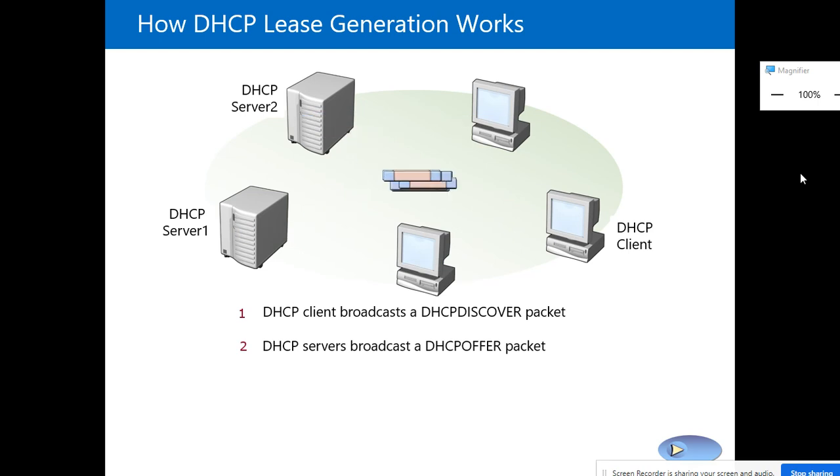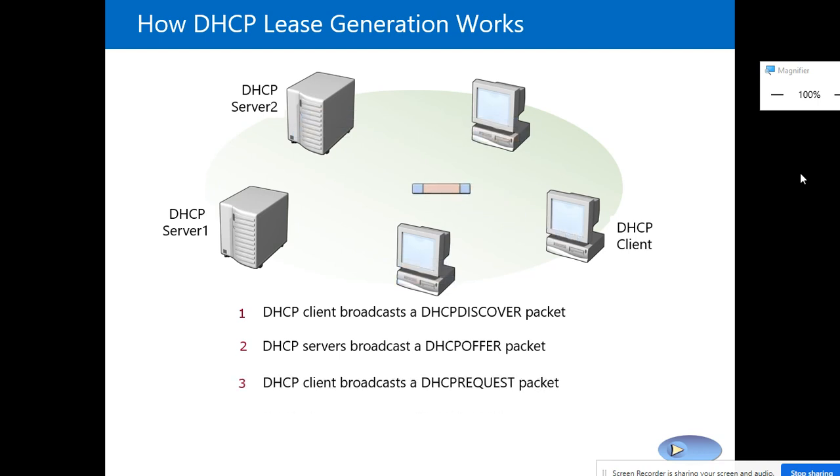Now, when the DHCP servers receive the broadcast, the discover packet, what they do is DHCP server 1 broadcasts DHCP offer packets to everyone. Understand that the DHCP offer is to everyone.